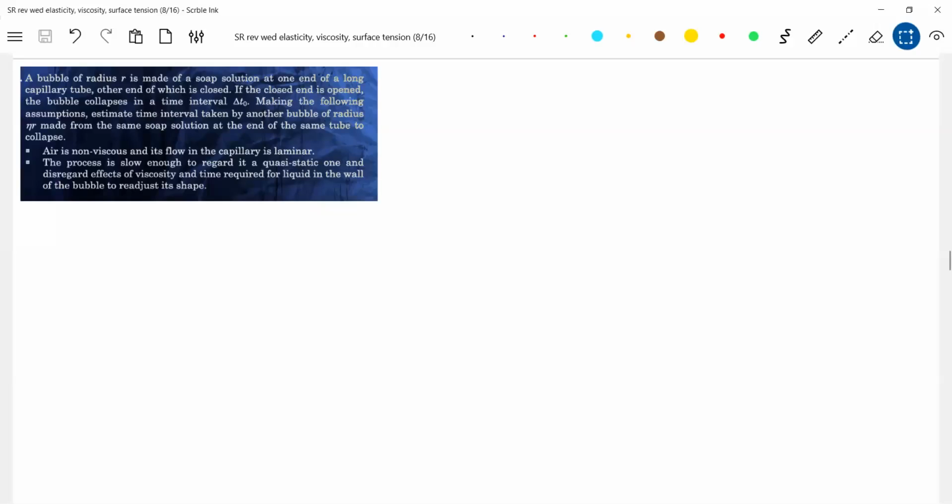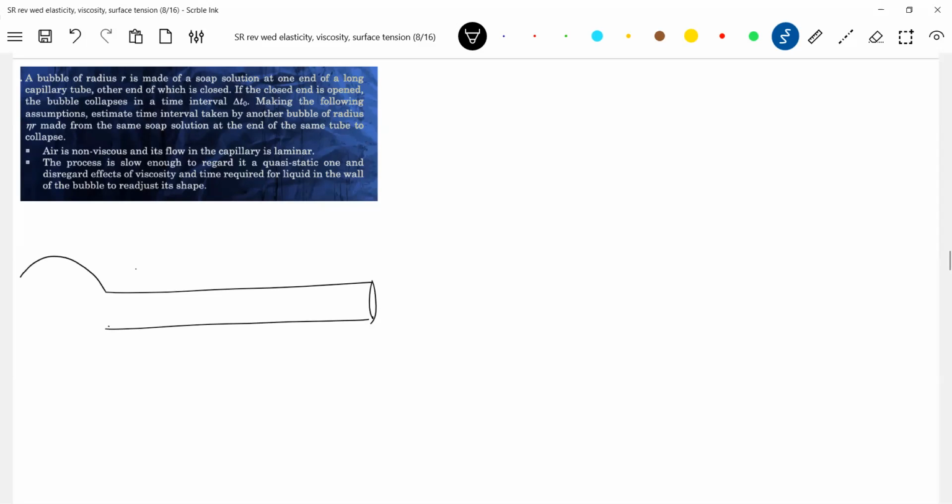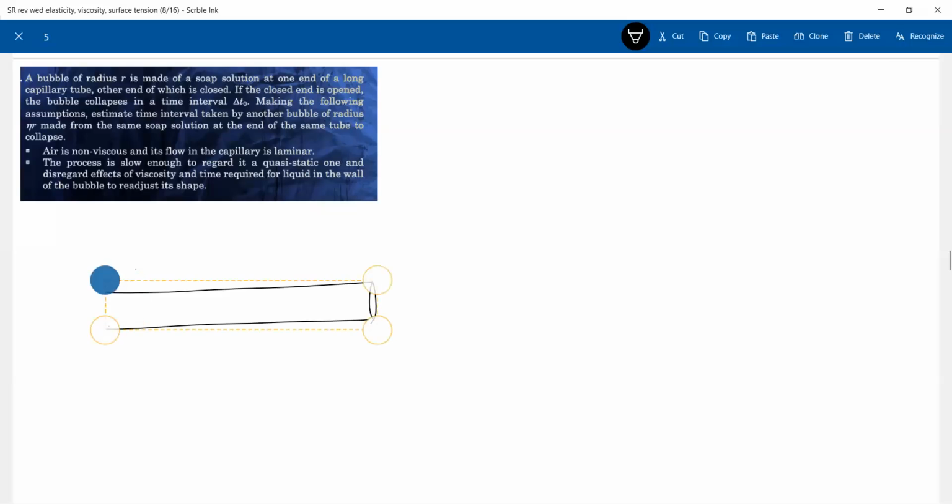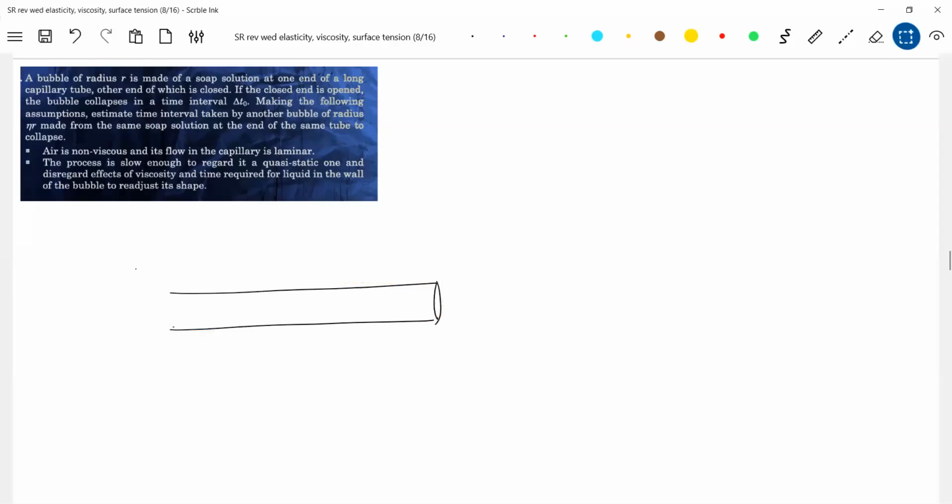A bubble of radius R is made up of soap solution. Okay, there's a bubble. First, let me put the tube. Please do revise such small ideas. Very important.